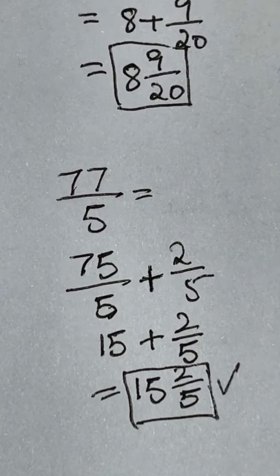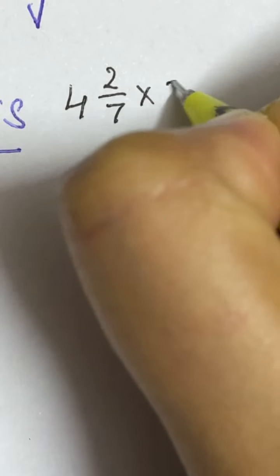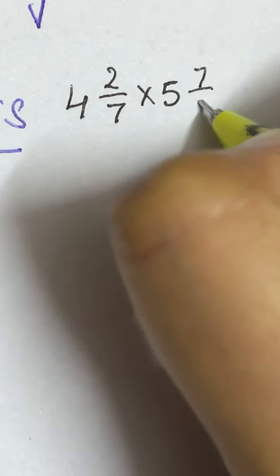Okay. Now let's multiply 2 more mixed numbers. For example, suppose 4 2/7 multiplied by 5 7/6.